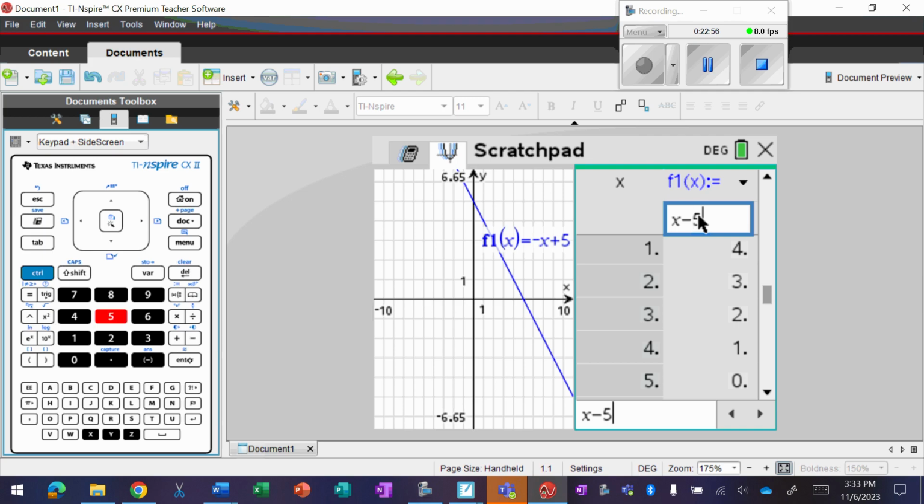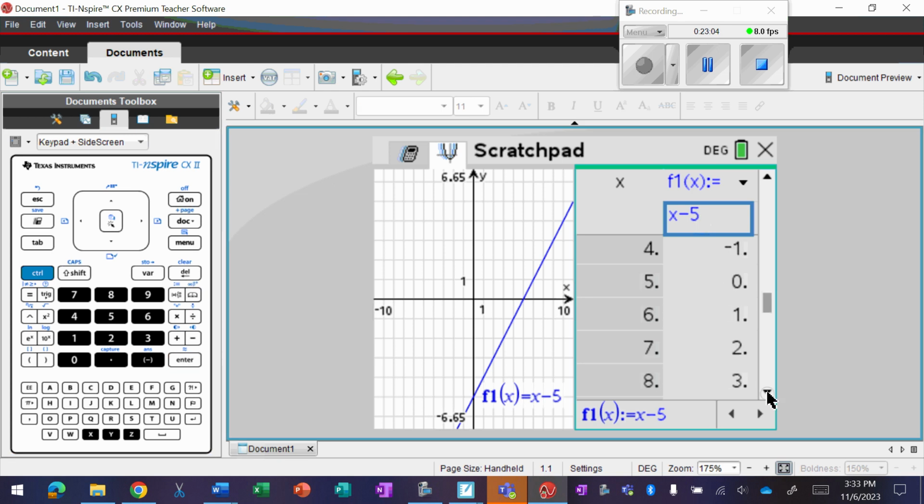And when you hit enter, notice the numbers in the table change. That's our new table. We are trying to find the x's that are bigger than 5. So I'm going to scroll down. 5, 0, 6, 1, 7, 2, 8, 3. So our x values count up by ones, and so are the y values.